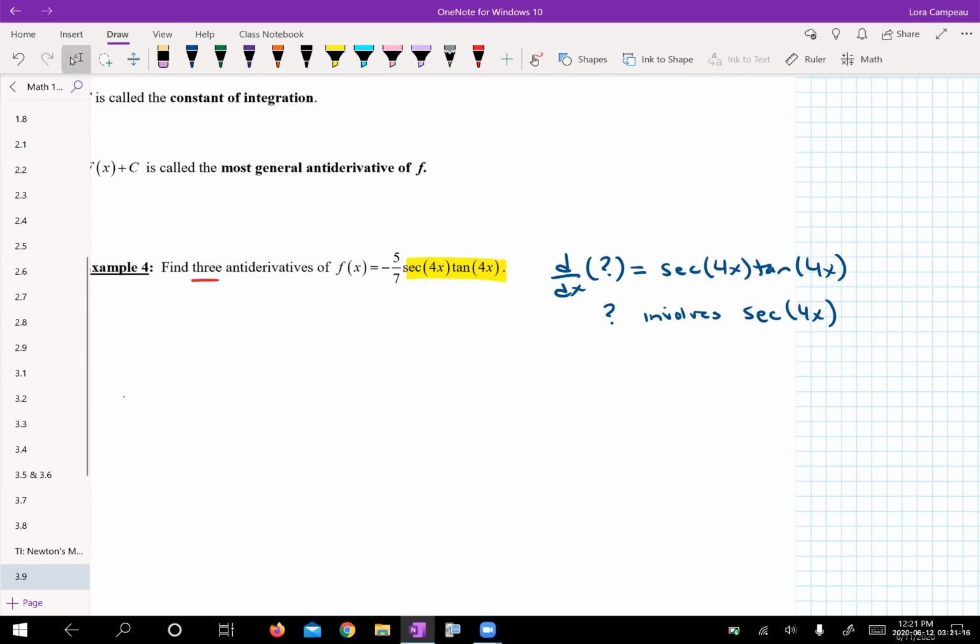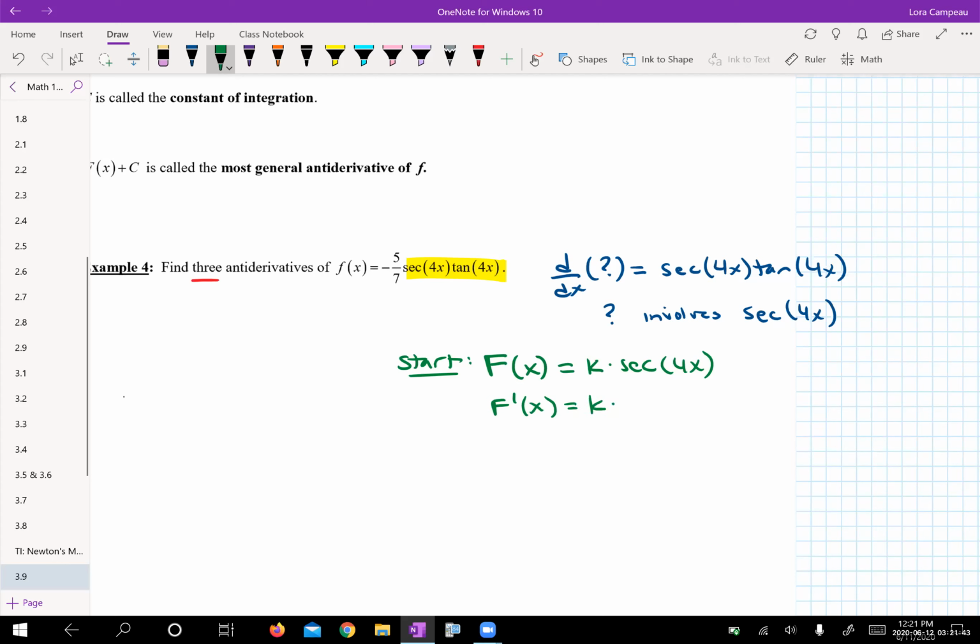So we're going to start off again. Same idea. My thought is that my original or my antiderivative has to involve a constant times the secant of 4x. Now I'll take the derivative. So I can pull the constant out.